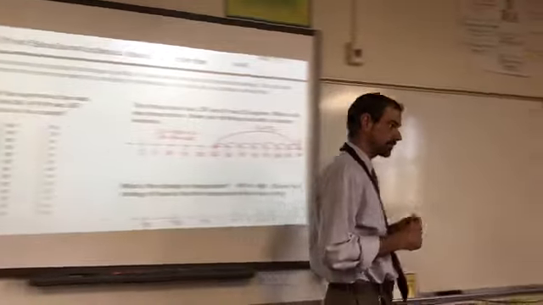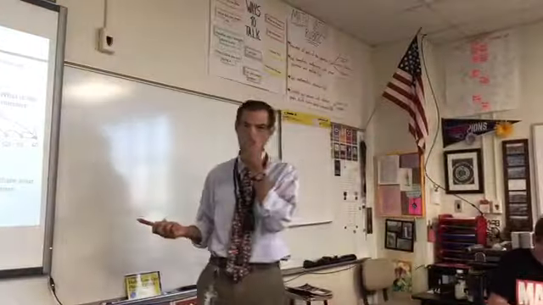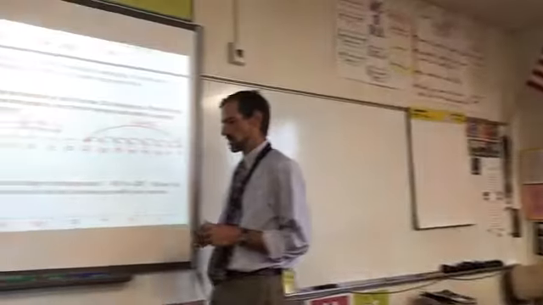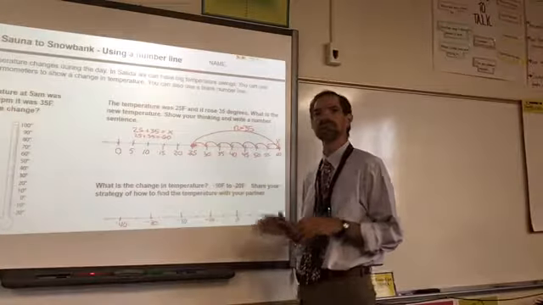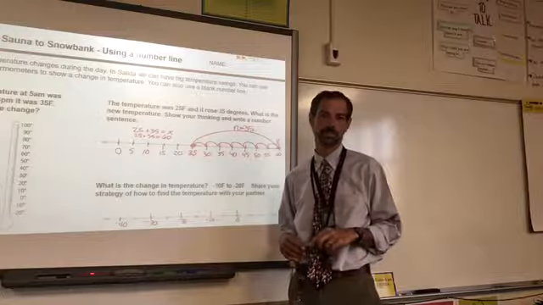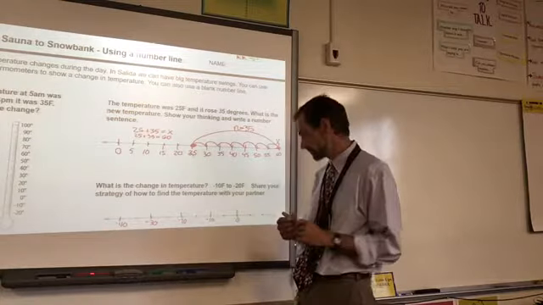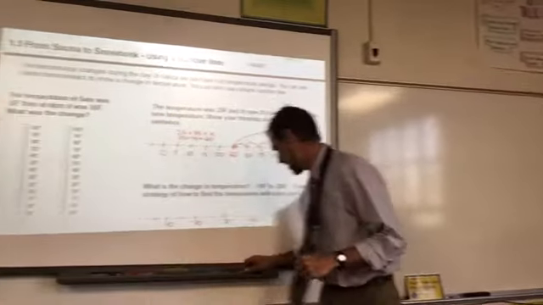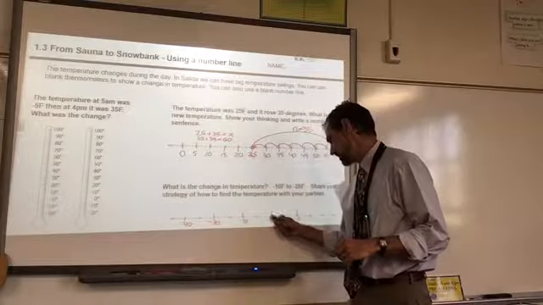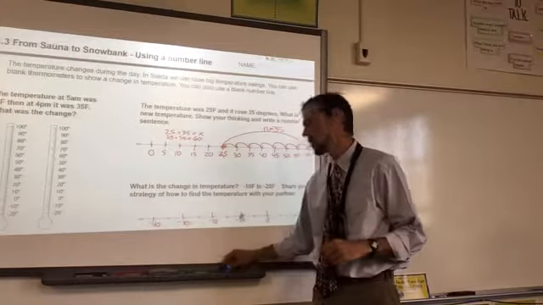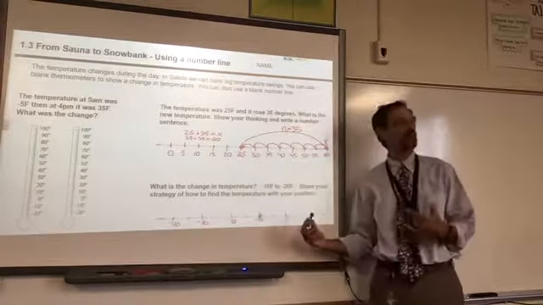So, let's look up here. Caden, what did the temperature start at? Negative 10. So it starts at negative 10. You notice where I put my 0? I put it way on the right.